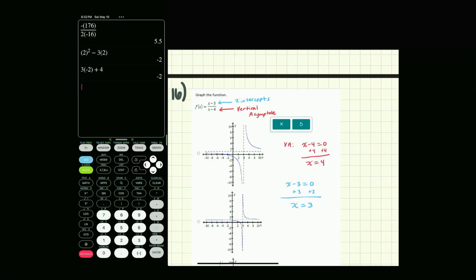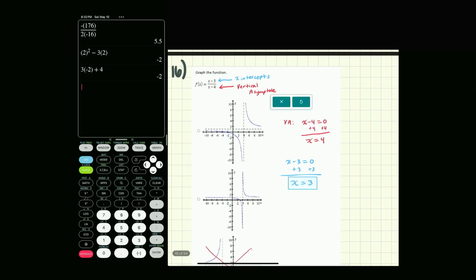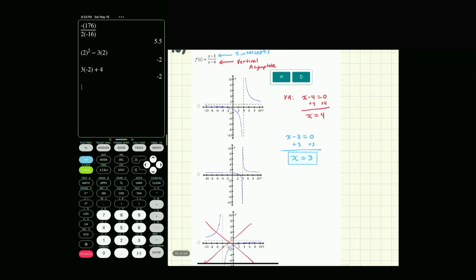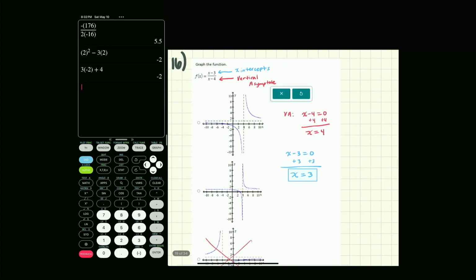So that tells us we should have an x-intercept, meaning the blue part of the graph should cross or touch the x-axis at 3. So let's find which one of these remaining graphs has that. Well, looking at A, here's x equals 3 right about here. The blue part of the graph is not touching that at all. So I would eliminate this graph.